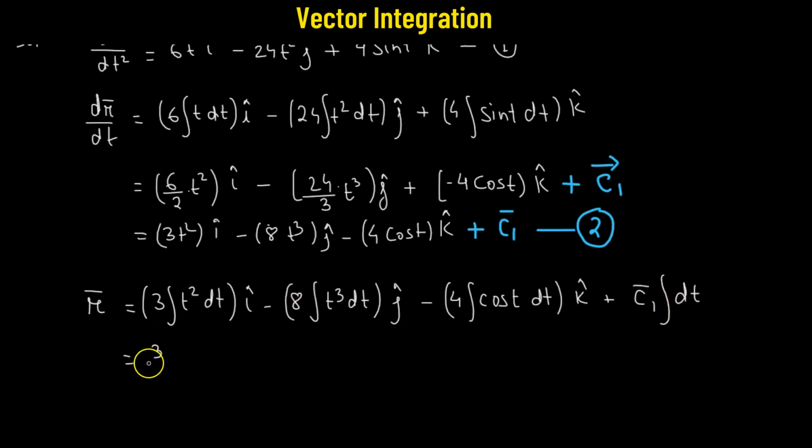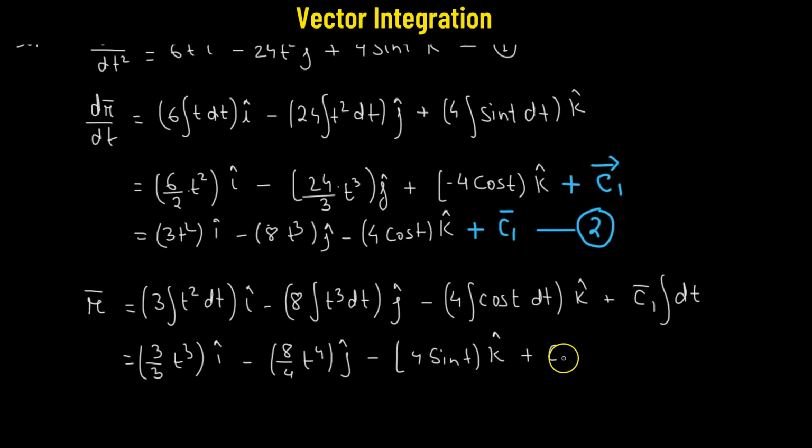The integration of t squared will be 3 over 3 t cubed i cap, minus 8 over 4 t raised to the power of 4 j cap, minus 4 times the sine function k cap, plus c1 vector times t. Now we will have another constant of integration, so let's call it c2. Similarly, c2 is also going to be a constant vector, and we'll label this as number 3.